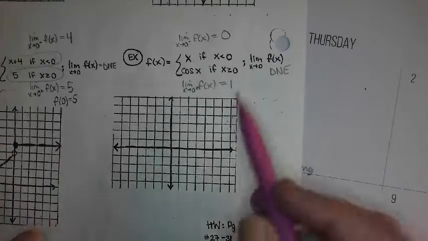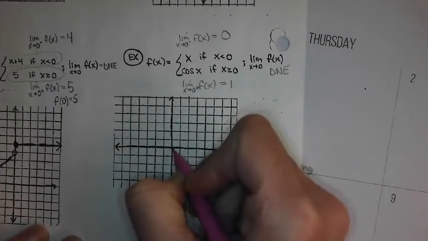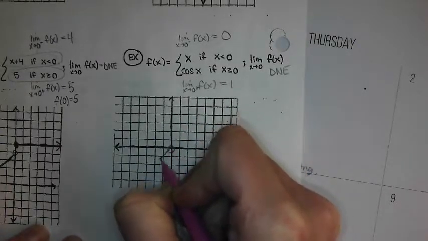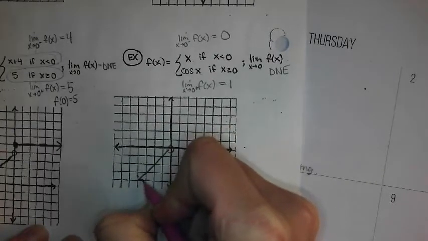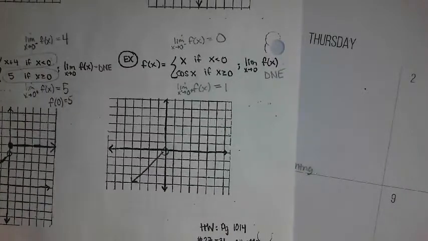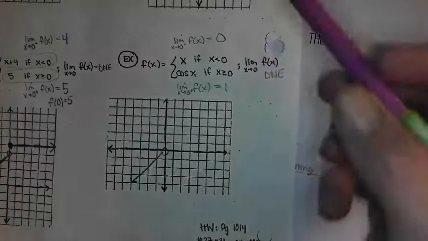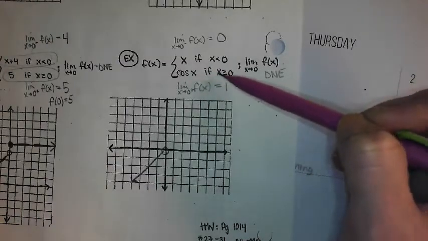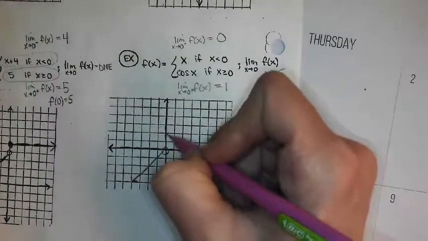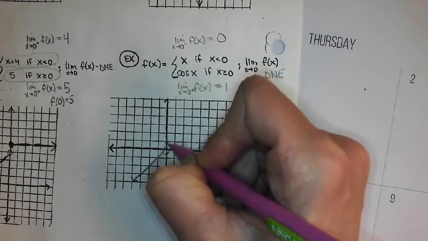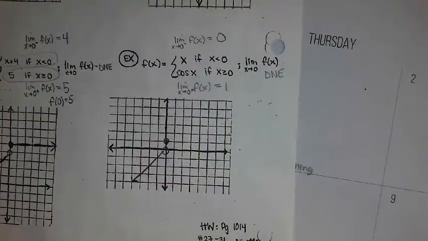So this graph is x is less than 0. We just have a line with a slope of 1. Line y equals x. And the cosine of x starts at 0, which is, I'll just make this, well, I have to make this 1 because I already did rise 1, run 1.